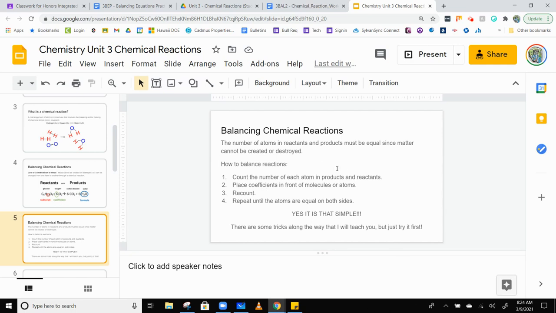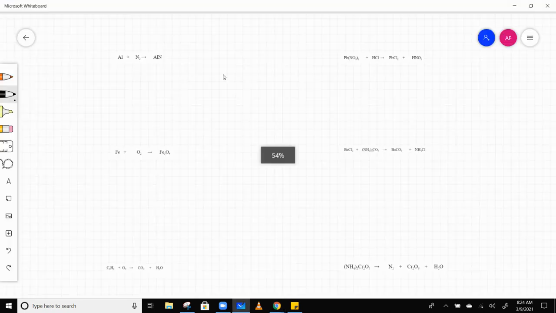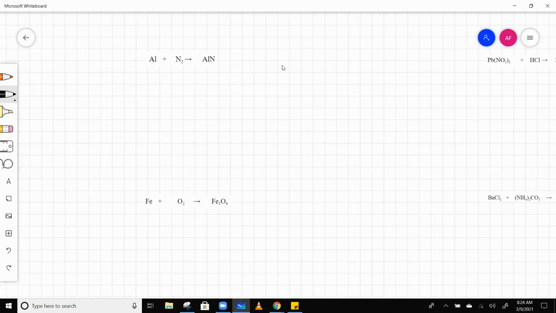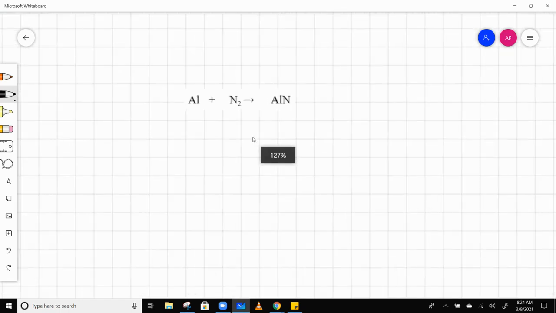There are a lot of little tricks, a lot of little tips. As you practice more and more, you'll notice some things. I'm going to point out a couple today as I go through some examples. But really, it's just practice. It's kind of like a little brain teaser, like a little puzzle, right?